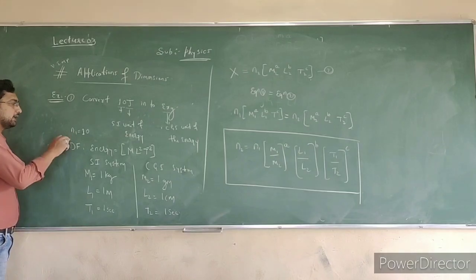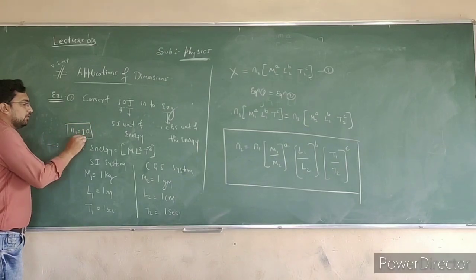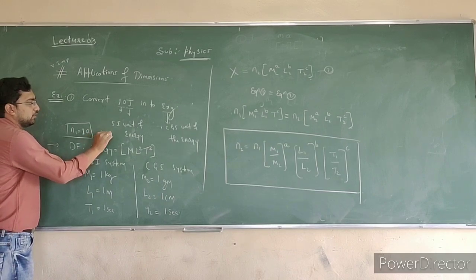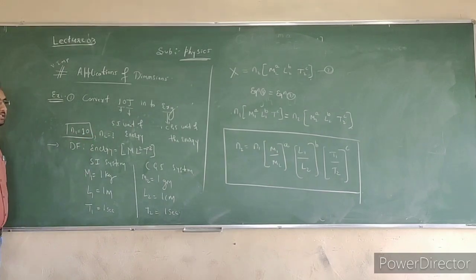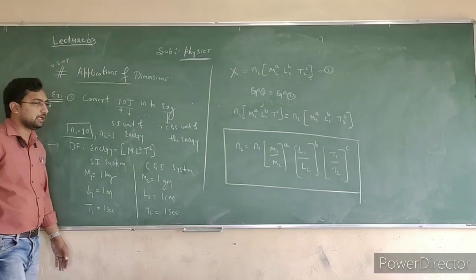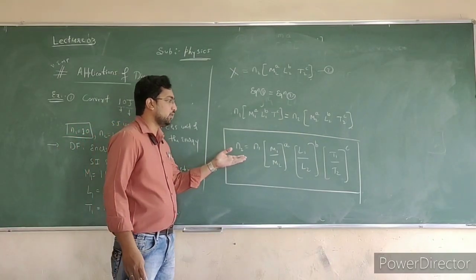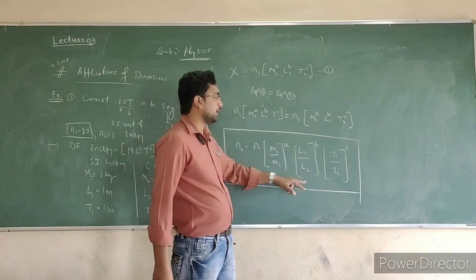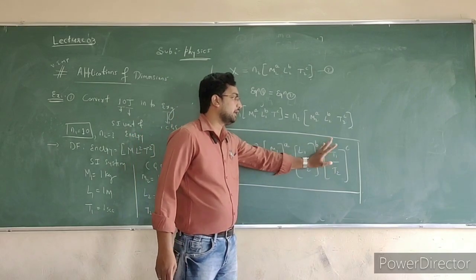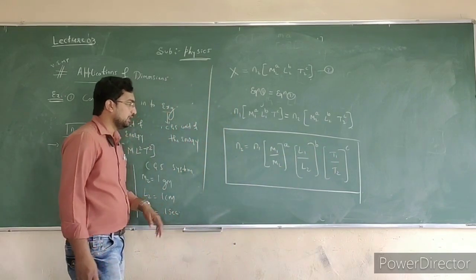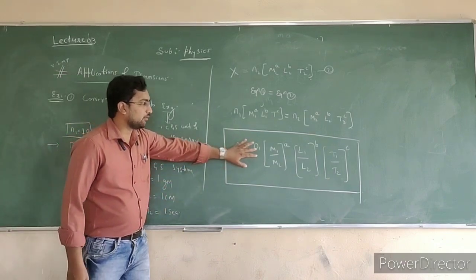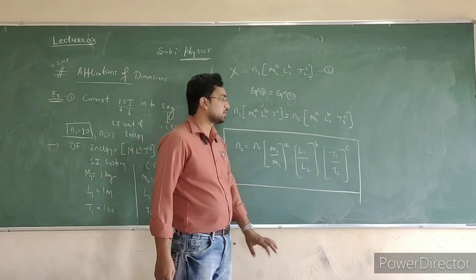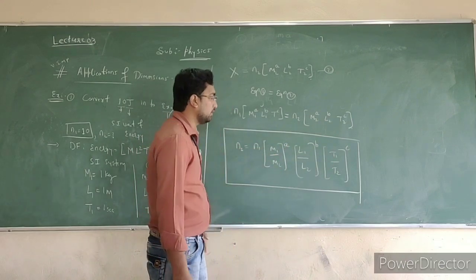And already the N1 value is given. So here we want to calculate the N2 value. So what is the N2 value? We already know the expression N2 is equal to N1, M1 by M2 to the power A, L1 by L2 to the power B, T1 by T2 to the power C. In this expression, the N1 value is known, the M1 by M2 value is also known, the L1 by L2 value is also known, and the T1 by T2 value is also known.